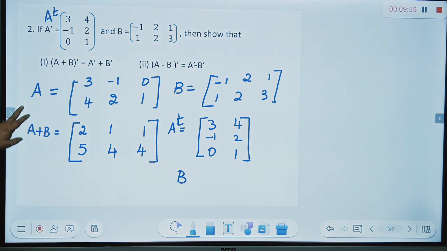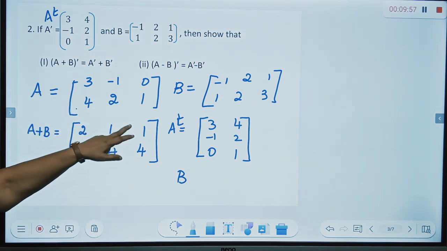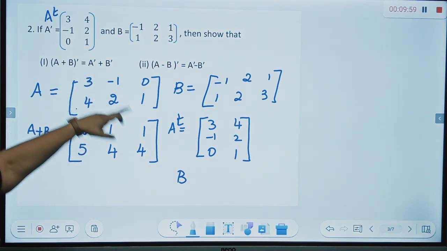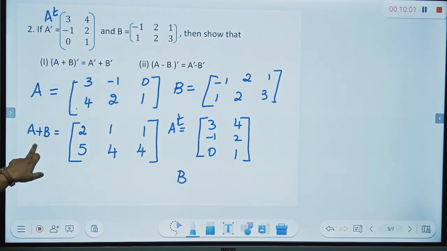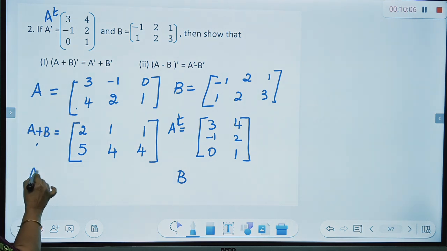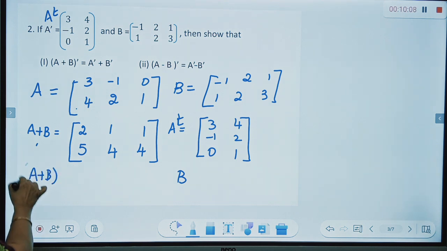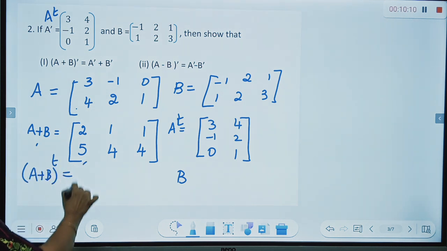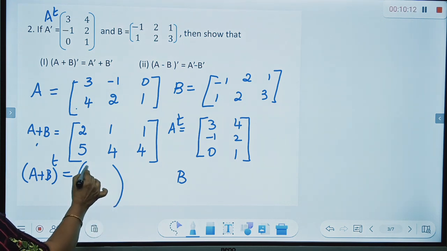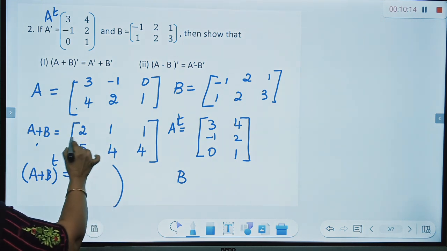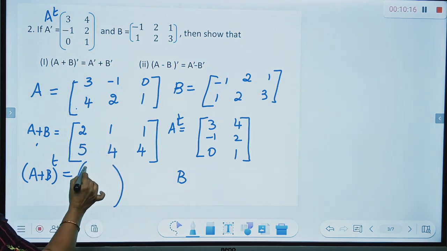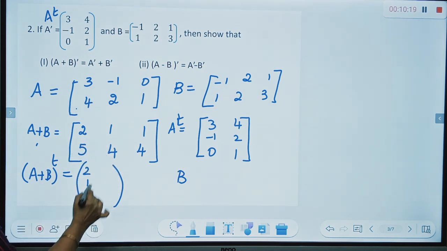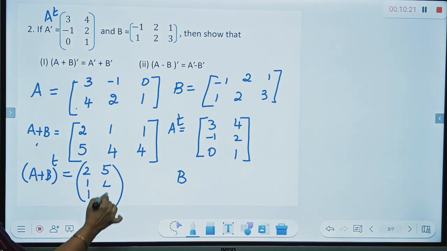So, what we are doing is, I have found A and I found B. B is given and then I found A plus B. Now, we have to find (A + B) transpose. So, first let me find (A + B) transpose. (A + B) transpose will be, this is the first row, so the first column will be 2, 1, 1, 5, 4, 4.